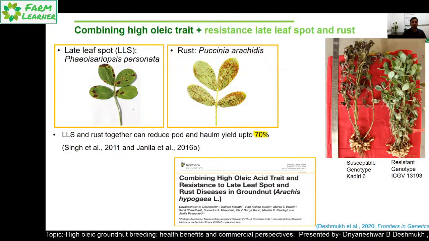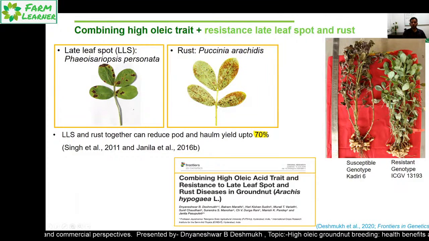So these two diseases are very devastating, and we can see here how they make an impact. This is the susceptible cultivar called Kadiri 6, which is a very popular cultivar in India, and this is from the resistant line. So this is how it looks if we breed the variety for resistance to late leaf spot and rust.